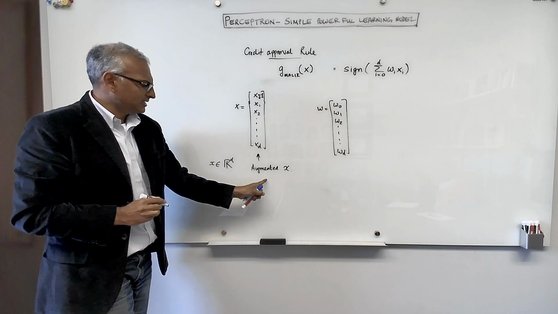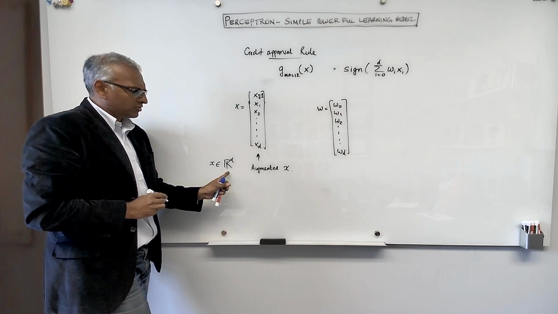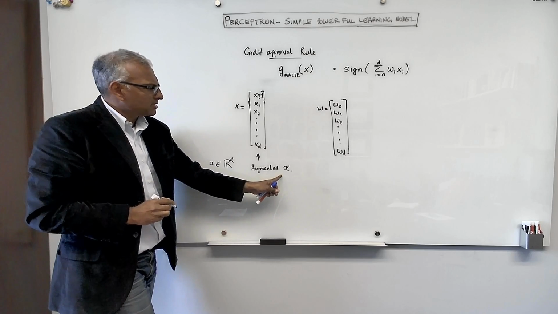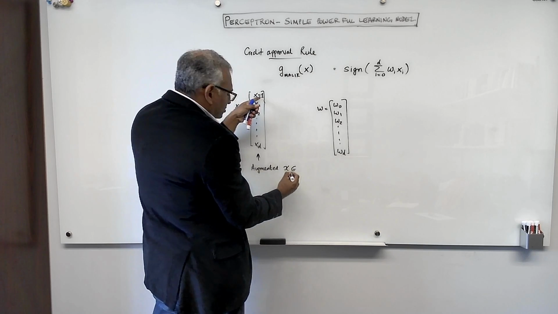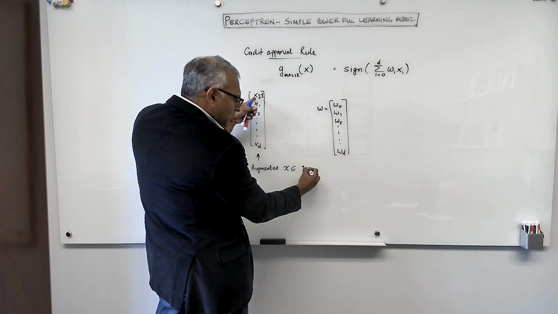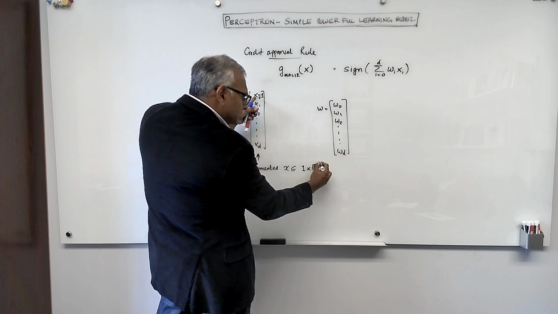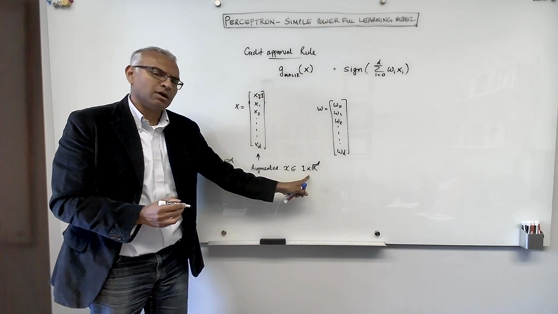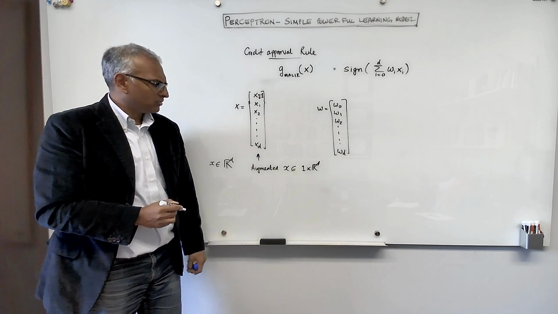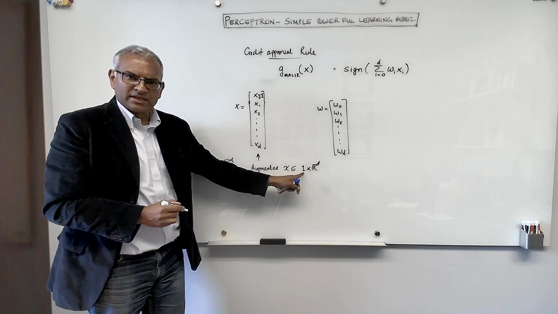Whereas the original x was in R to the d, the augmented x has a component which is 1. So this is in the space which is 1 cross R to the d. So it's got a 1, and then the rest of it is in R to the d. This is one way of telling you that this augmented x always has a 1 in it.